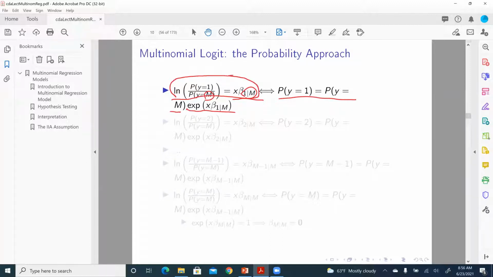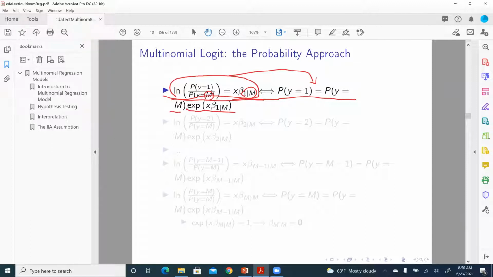From here, we can get to this point. And how do we do that? Well, we take the natural exponential of both sides of this equation. Because natural log and natural exponential functions are inverse functions, they cancel out.